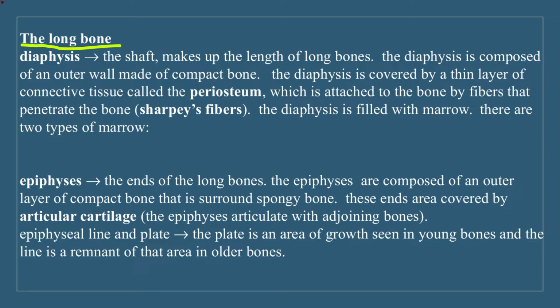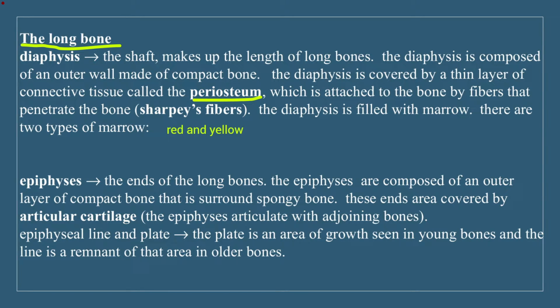Okay, so the diaphysis is what's covered by that periosteum, and it's lined on the inside with the endosteum. We talked about two types of marrow inside, right? Red and yellow, and I'll just put red and yellow, but you already have the notes for that. We talked about that on the other set of slides.